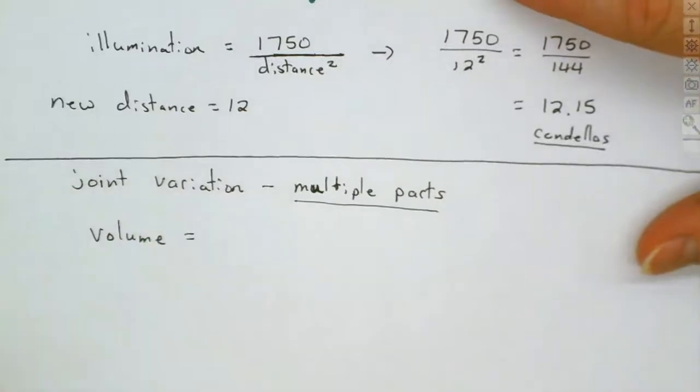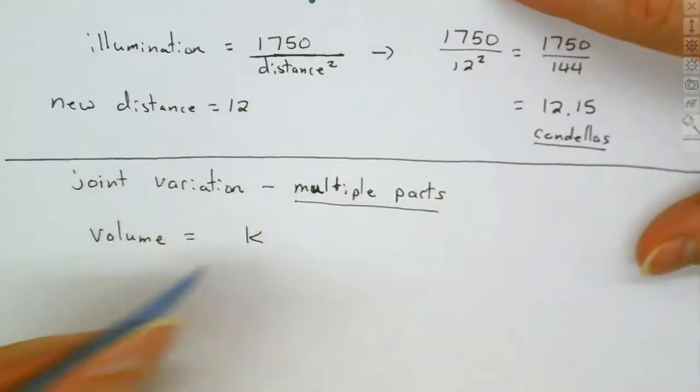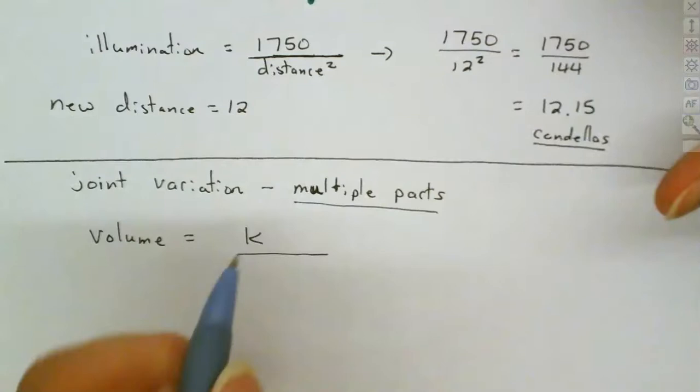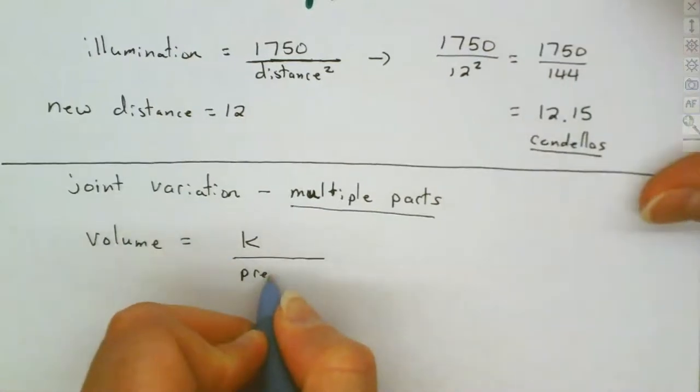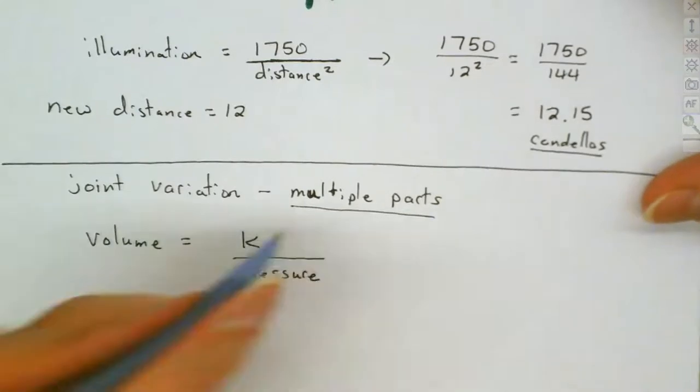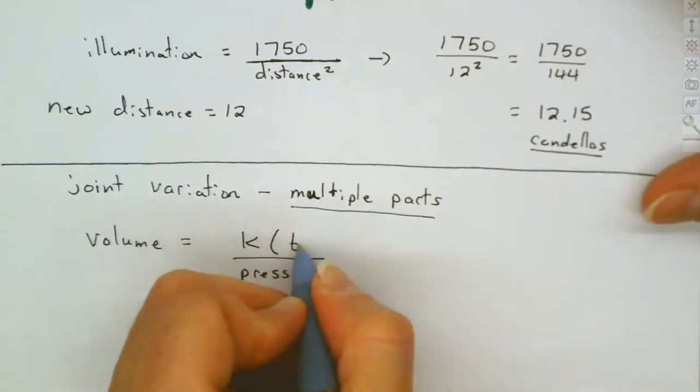So the volume of the gas, we've got our K, our constant, and it says it varies inversely as the pressure. So pressure is inverse, so that goes below. And directly as the temperature.